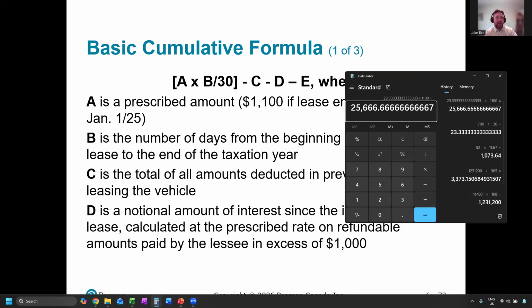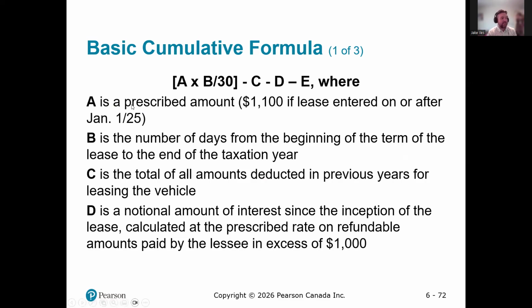This calculation corrects it to a monthly rate. So if I've paid $25,000, then I'm within my monthly rate of $1,100. But how much can I deduct this year? So this calculates the full amount of the lease payments minus C. C is the total amounts that have already been deducted in previous years.